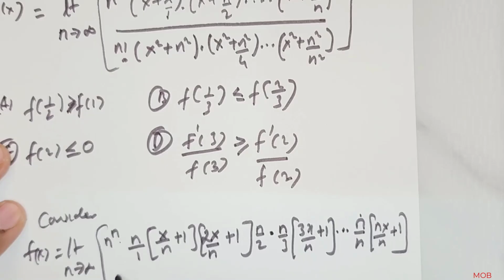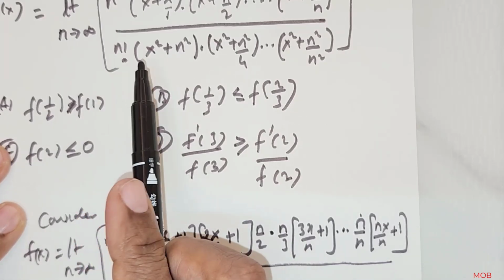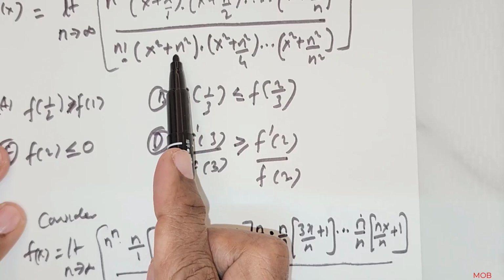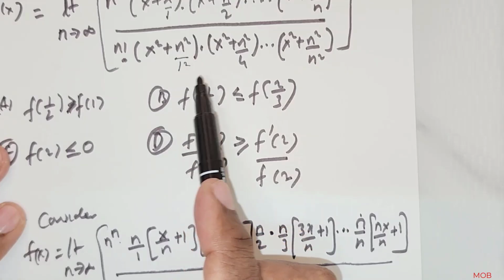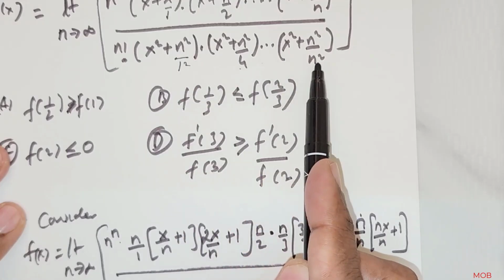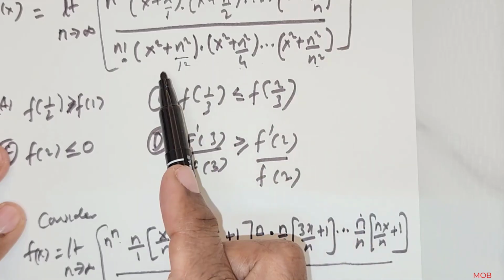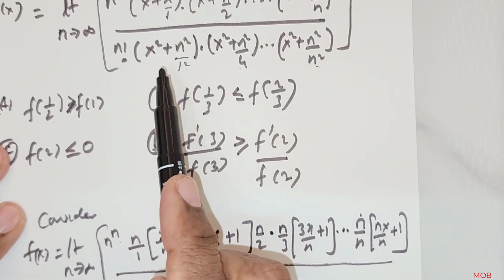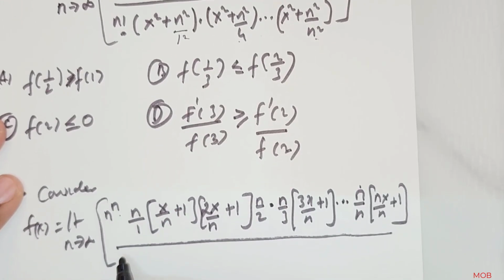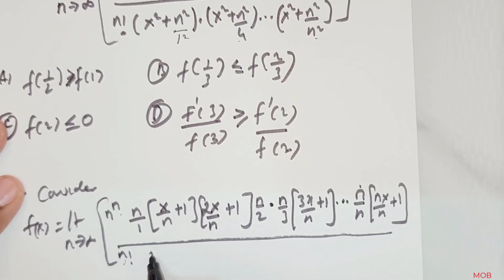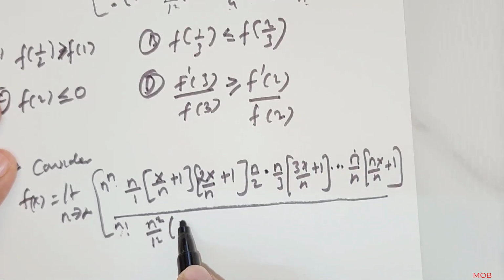Okay, so this is divided by, from here I'm going to take, this is actually n squared over 1 squared, because this is 2 squared and the next term is 3 squared. This is given to be n squared, so that is the way the terms are arranged. So let me take n squared over 1 squared out. Over here you have n factorial. That is going to give me x squared divided by n squared plus 1.